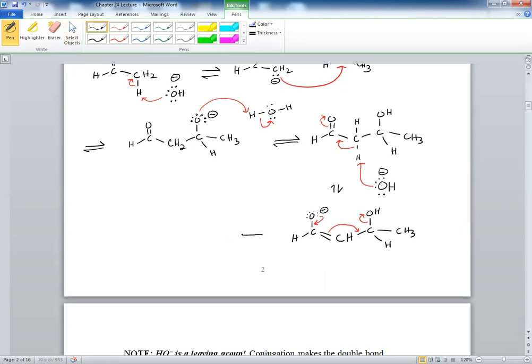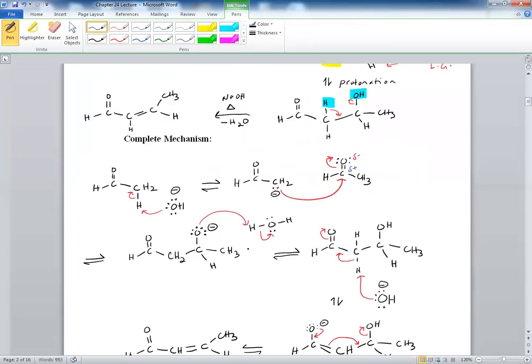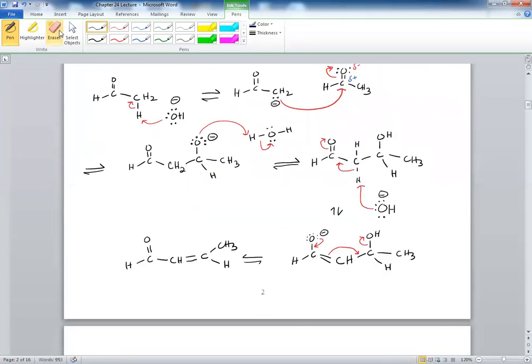And finally, this yields our condensation product. Let's fix up this bond. As you can see, this is the same as that.